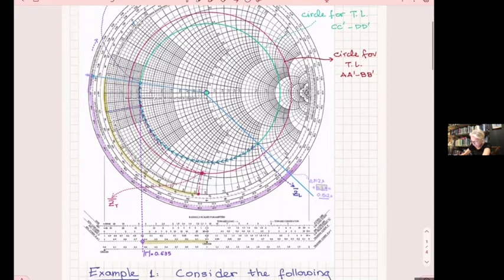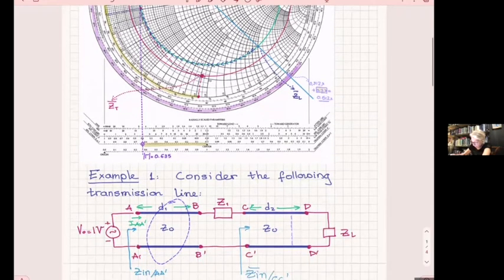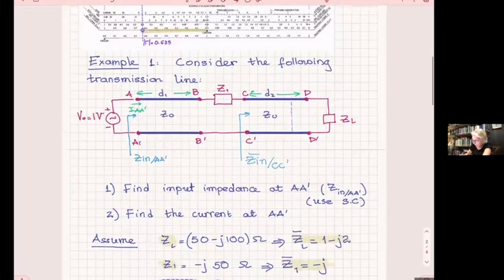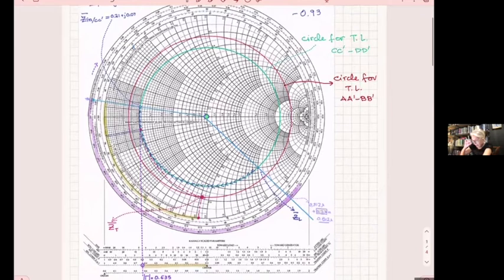Okay, now I need to move on this line, which is this one, by a distance d1, which is 0.1 of a wavelength. And I need to keep moving towards the generator.